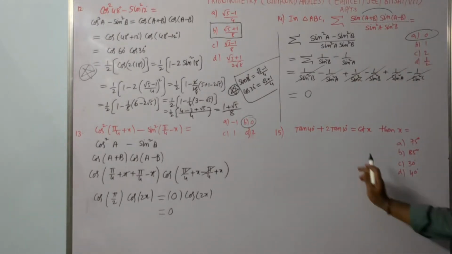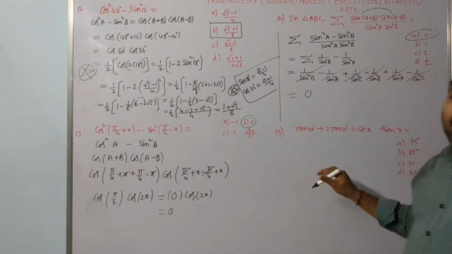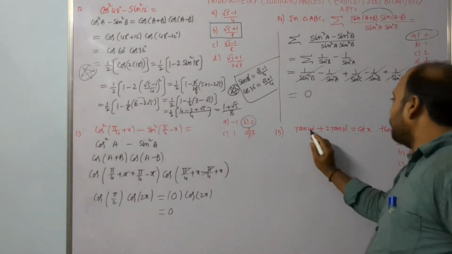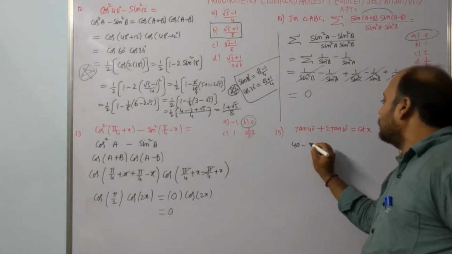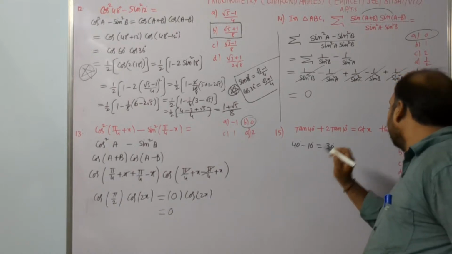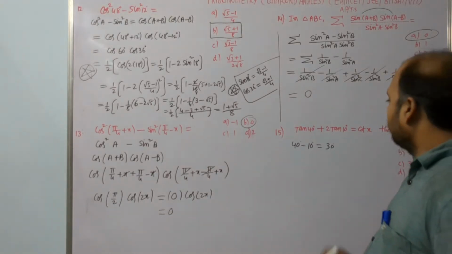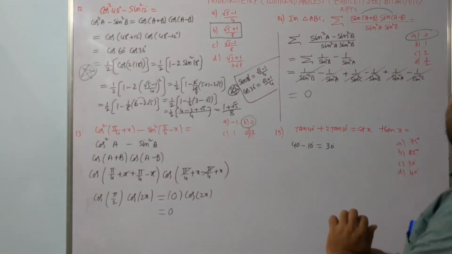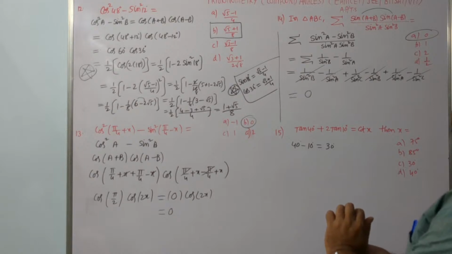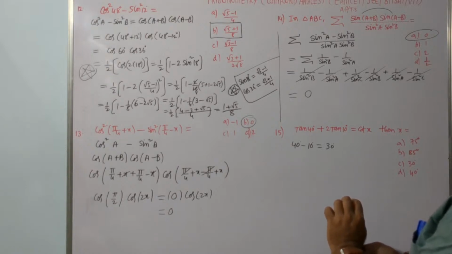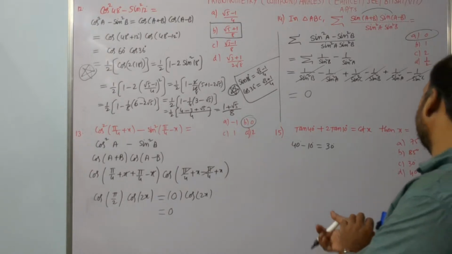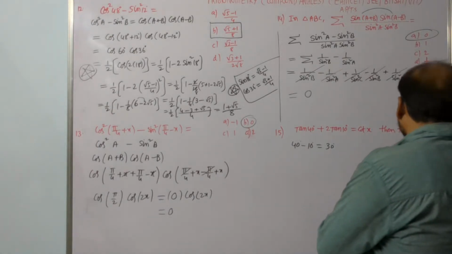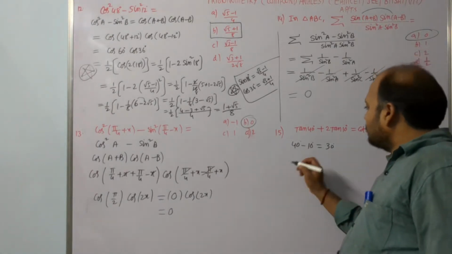Next, come to this question. After this, some logic also I will tell you, students. Here 40 minus 10 is equal to 30. 30 degrees also we will take it. We'll see what happens.